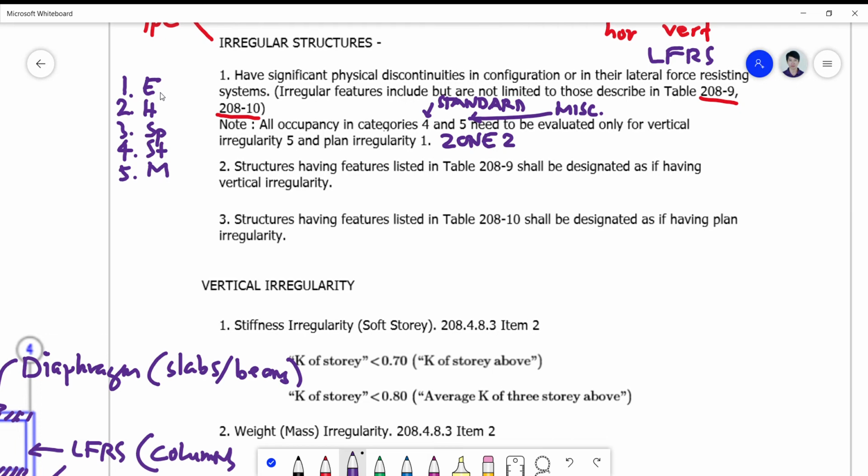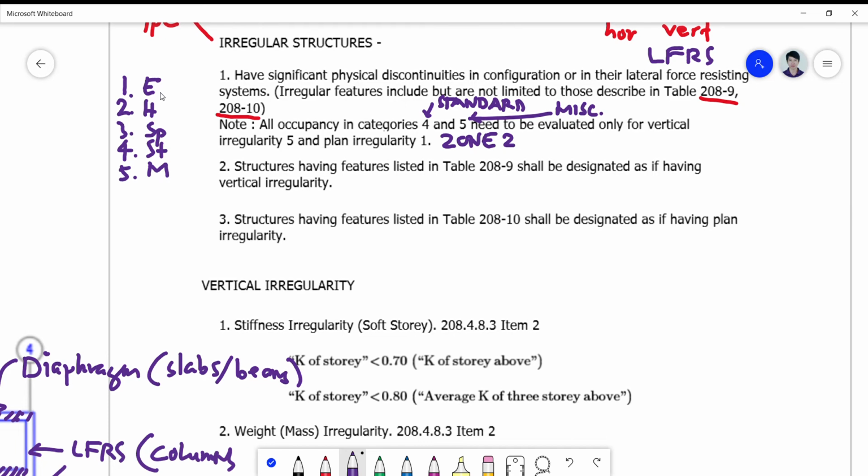So for number 2, hazardous, of course, it is also important because it will add up to the problem when hazardous facilities are damaged. And for special, there is a freedom to categorize which are special structures and which are not, depending upon how you look into the code.